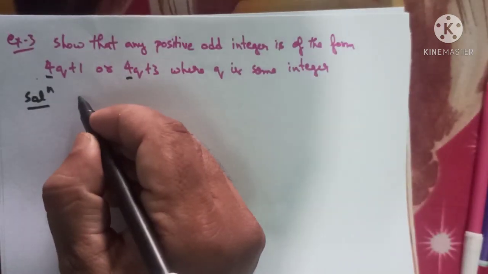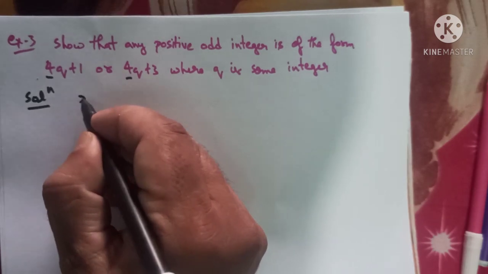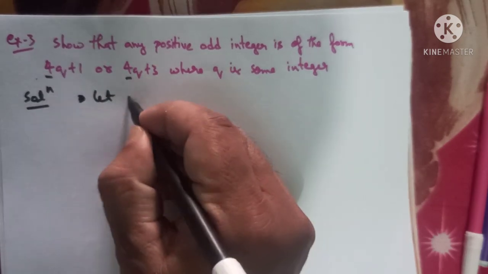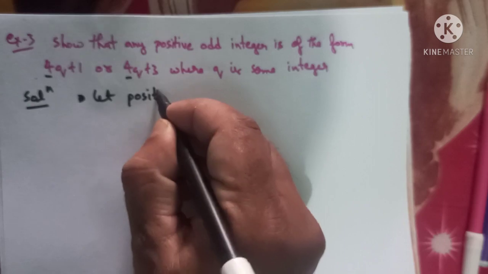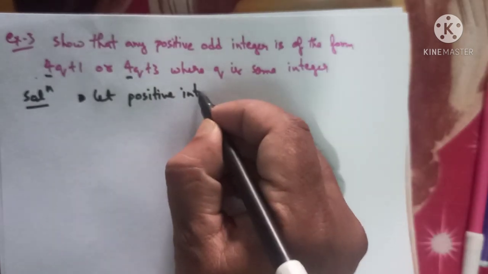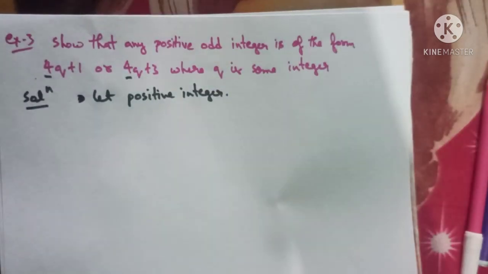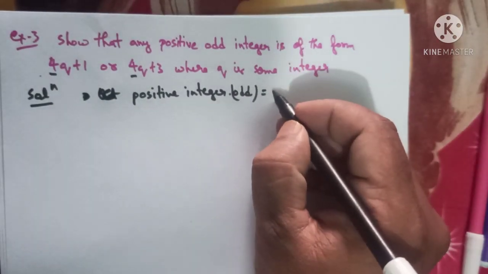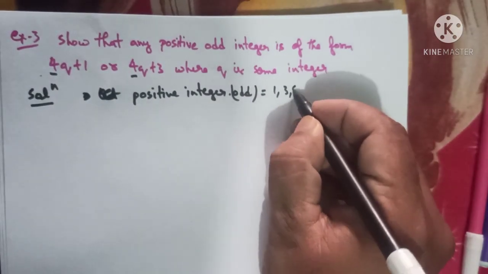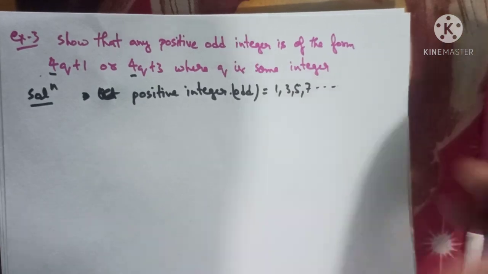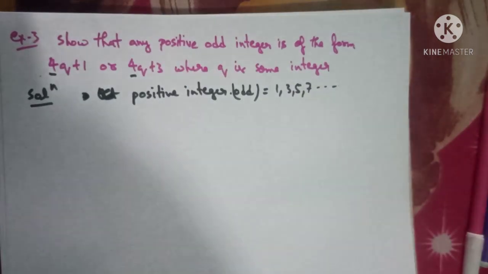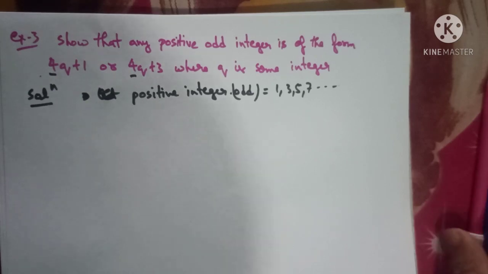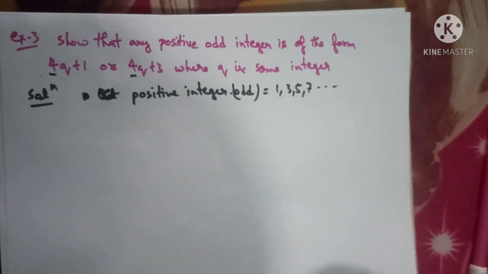Let the positive integer be x. Positive odd integers again can be 1, 3, 5, 7 and so on.